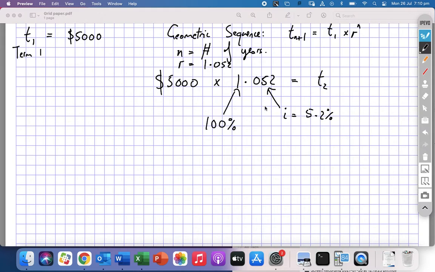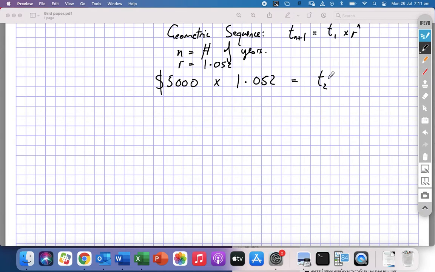So at the end of 1 year, you're going to work out your new amount by doing 5,000 times 1.052. This is called a multiplier in financial maths. But if you've always done methods, you might not have heard that word used. It's a bit more of a general maths thing.